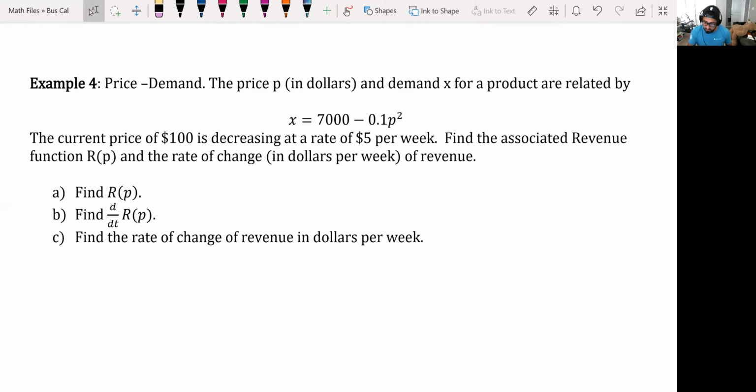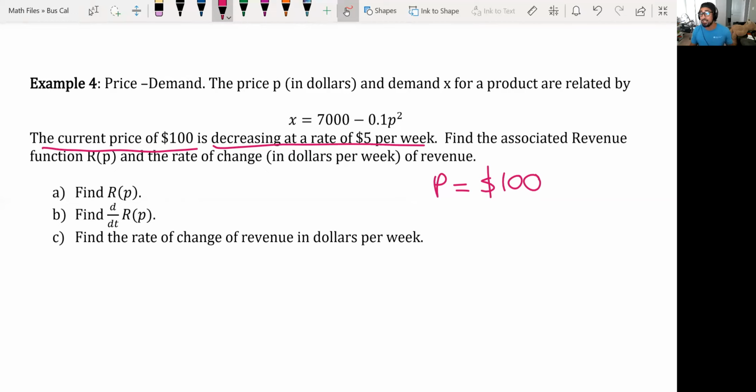So right here, it's giving it away. Current price is $100. So this means they're giving us P is $100. And then it says the current price is decreasing at a rate of $5 per week.